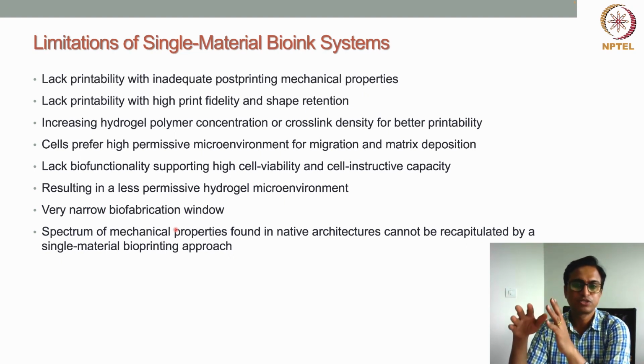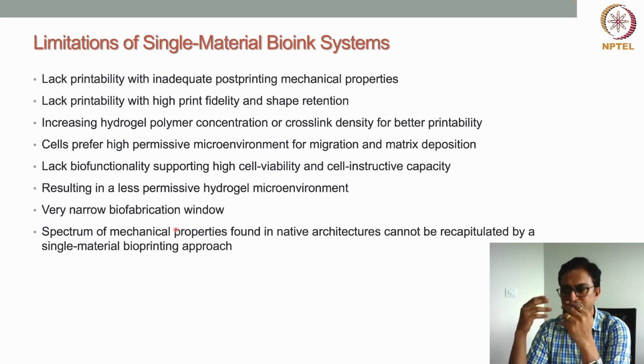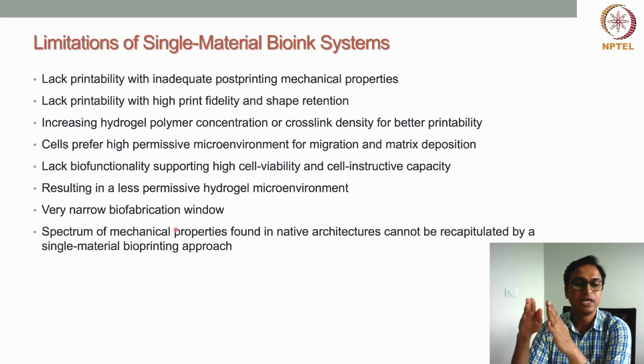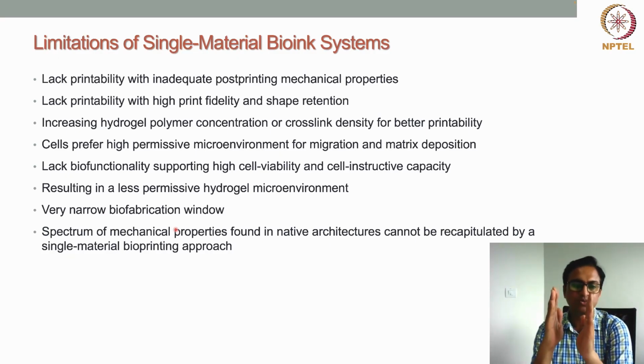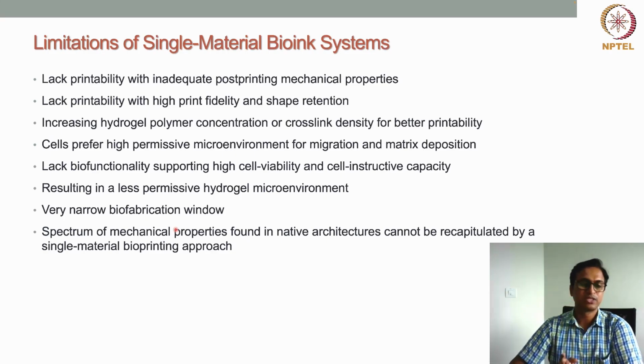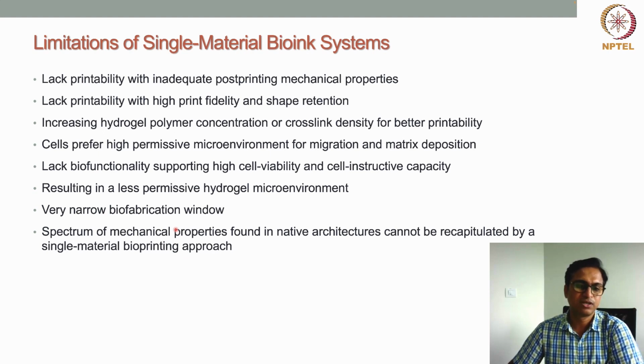Your print fidelity, post-print shape retention and mechanical properties can improve further, but a stiffer microenvironment is not great for cells. So we have a very small, narrow biofabrication window, where we can work with some low to moderate viscous or concentrated Bioink that is good for cellular responses and function.